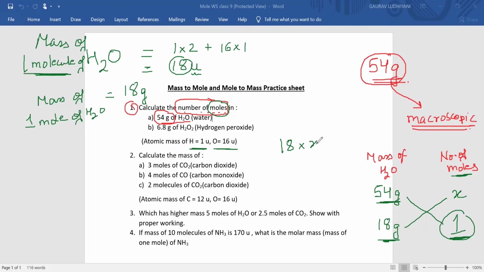So 18 into X is equal to 54 into 1, and on solving this, X comes out to be 54 by 18, that is 3 moles. So my final answer to this question would be 3 moles of water.